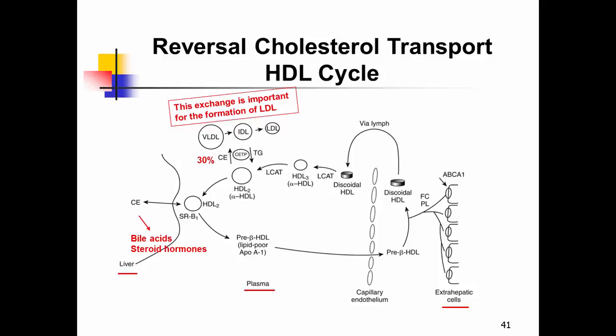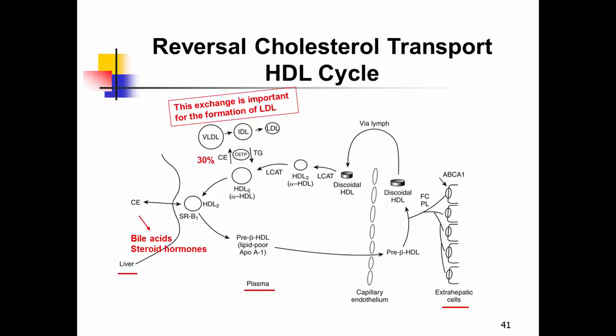Initially, the alpha HDL, once it's formed from the beta HDL, probably only contains free cholesterol and esterified cholesterol esters, but does not have much triglyceride.